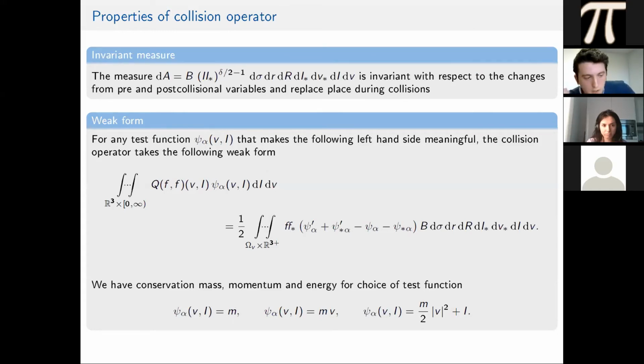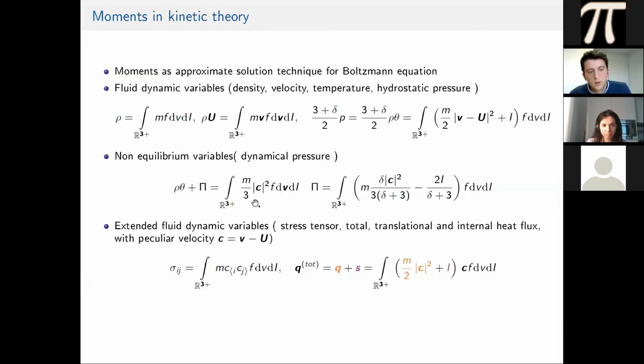It motivates us to see what the situation is when you multiply your Boltzmann equation with this and integrate. The first step is to look at the left-hand side, or what happens when we multiply our distribution function with some test function and integrate.